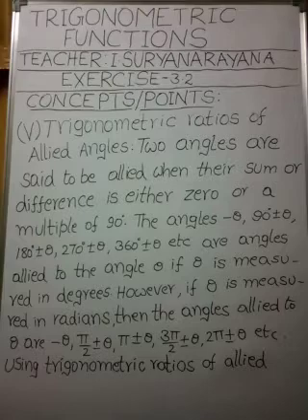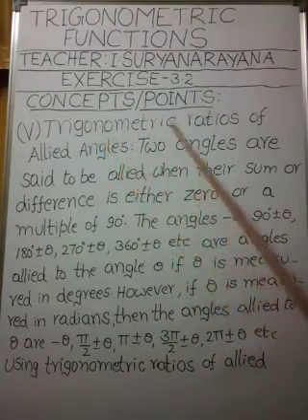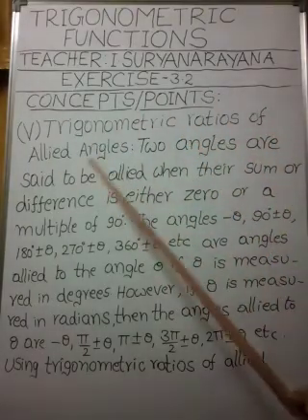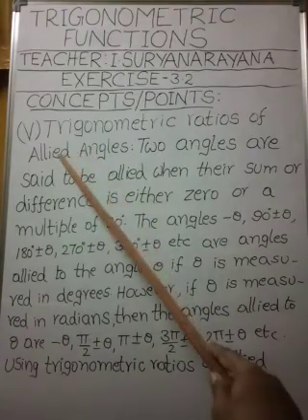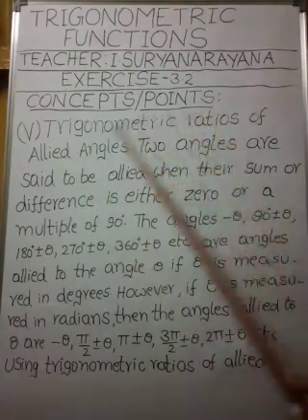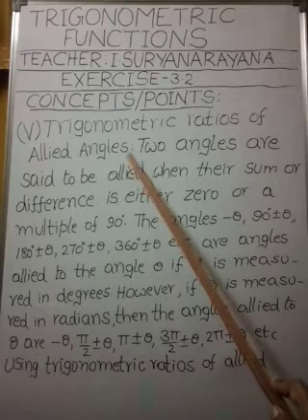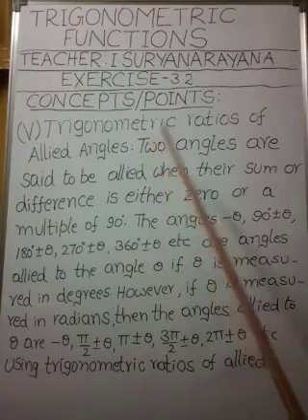Now come to the next point, my dear children. That is trigonometric ratios of allied angles. Here we are defining the trigonometric ratios of allied angles. What is meant by allied angles?